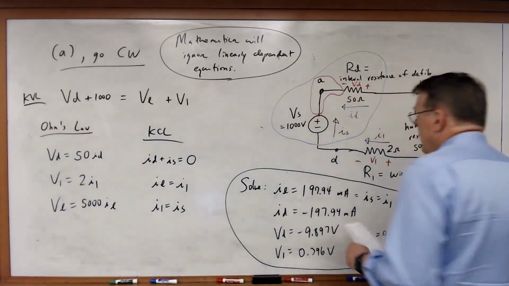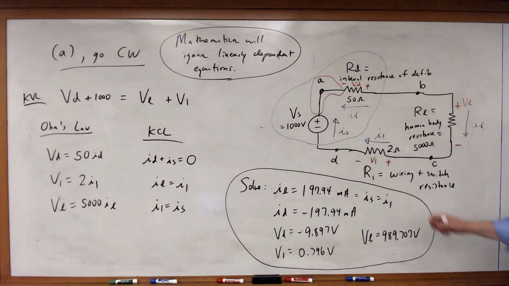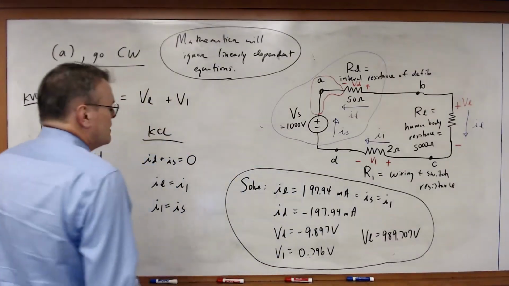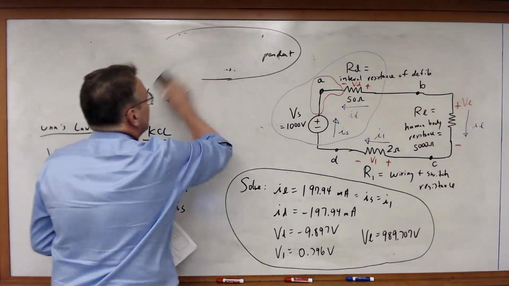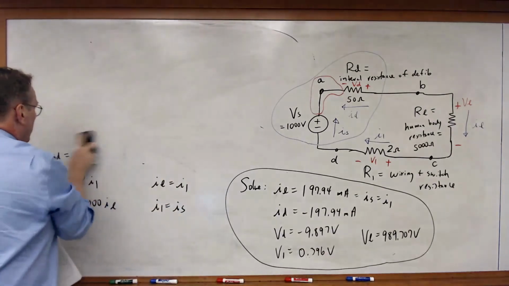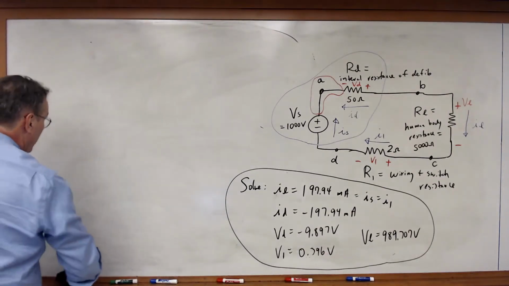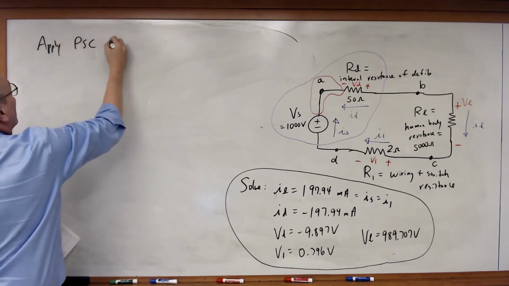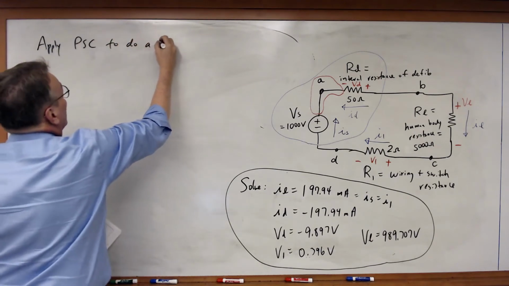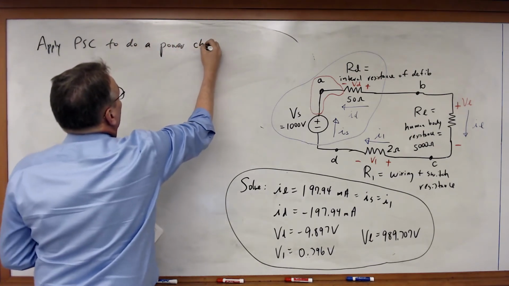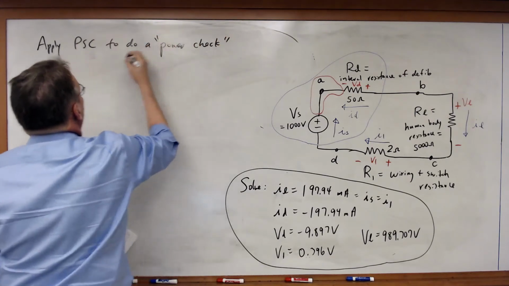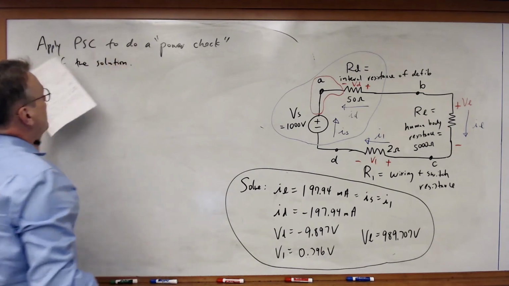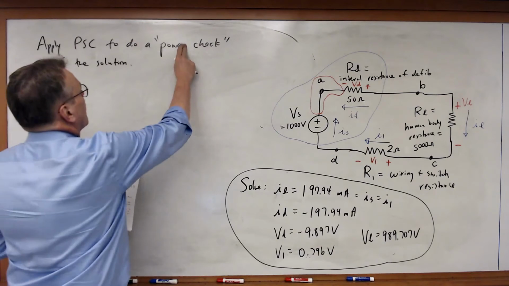All right? Now, one last thing we want to do, let's check and see if we got the right answer. Let's do that by applying the passive sign convention to do what we would call a power check.